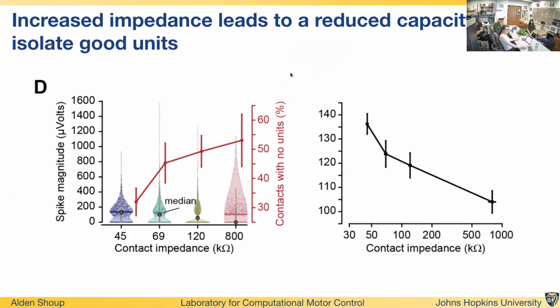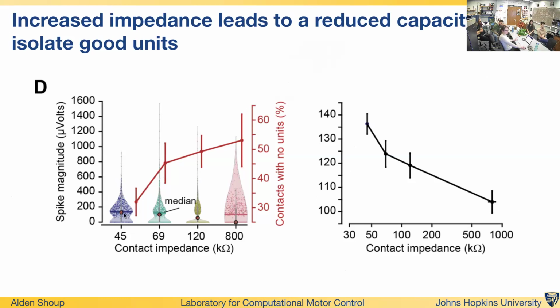We took these 61 recordings and we basically said, okay, we're not going to treat them as a single probe. We're going to treat each contact individually, and we're going to organize them into 4 groups by the magnitude of contact impedance. And so you have your 4 groups here, and you can see that this is the distribution of spike magnitude on each contact and median spike magnitude on each contact.